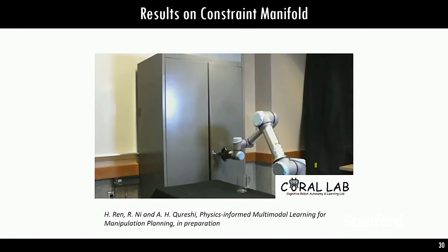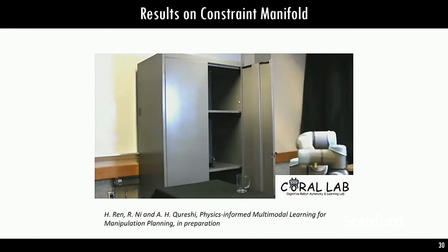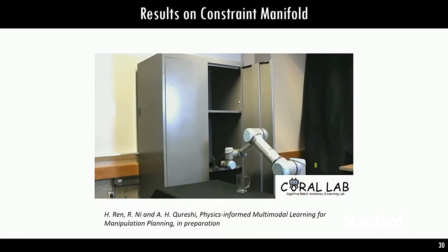And then the same idea applies to your multimodal manipulation. You have multiple manifolds. You can represent them as basis functions. You can combine them to get a trajectory. So this is one neural model doing door opening, and then it will retrieve this cup without tilting, and then it will do this pouring task.